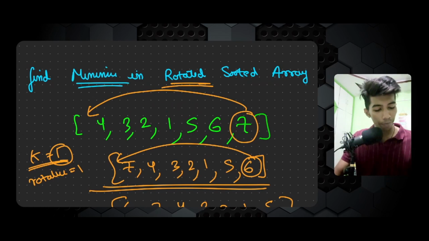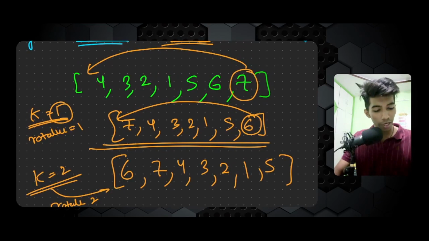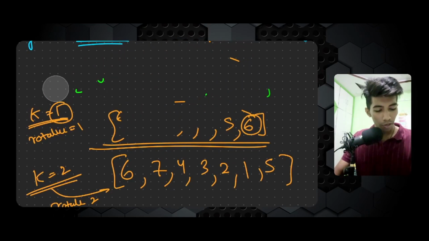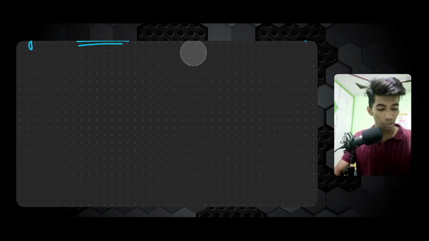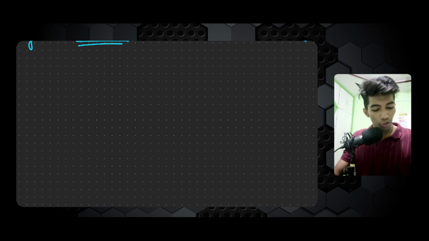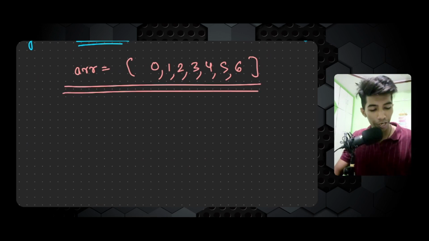So what will be happening? You can understand here, suppose this is the array which is given to me. Let me just rough this. Suppose we take an example of any array which is sorted. This is the sorted array.